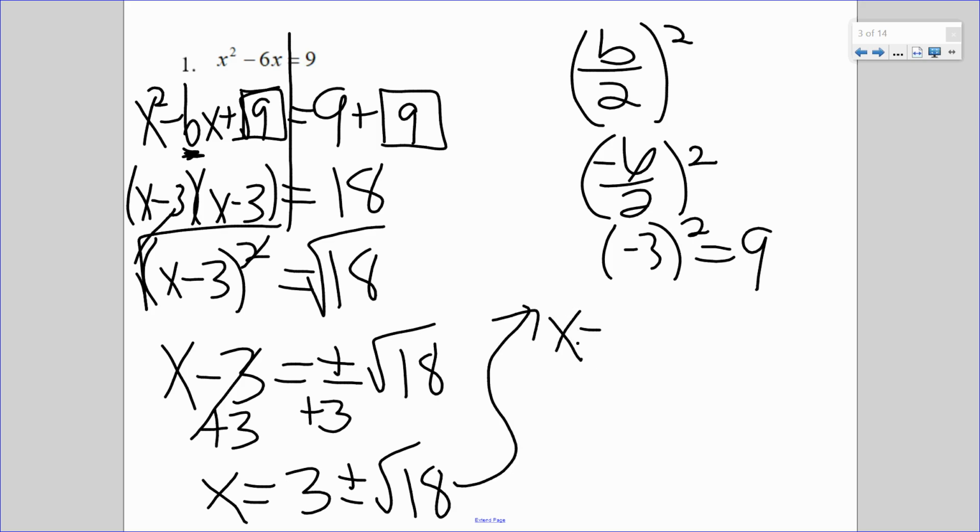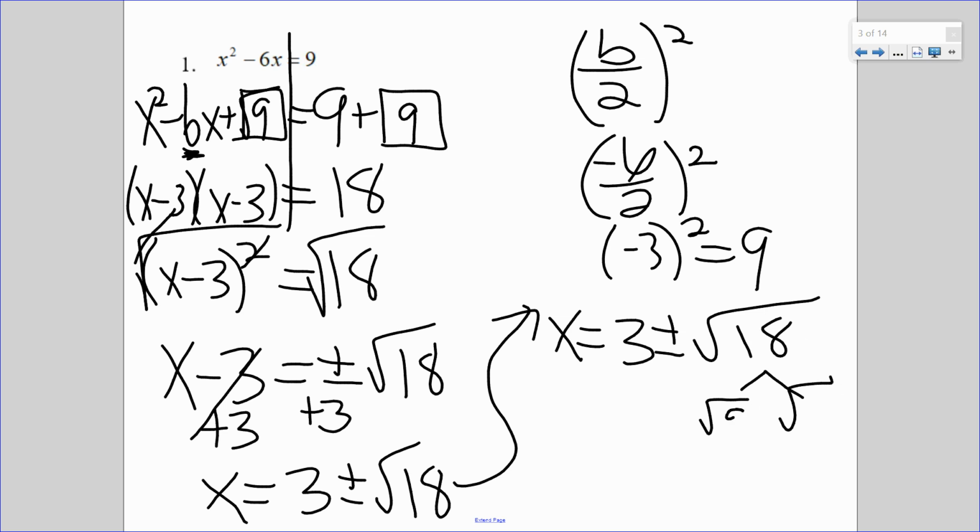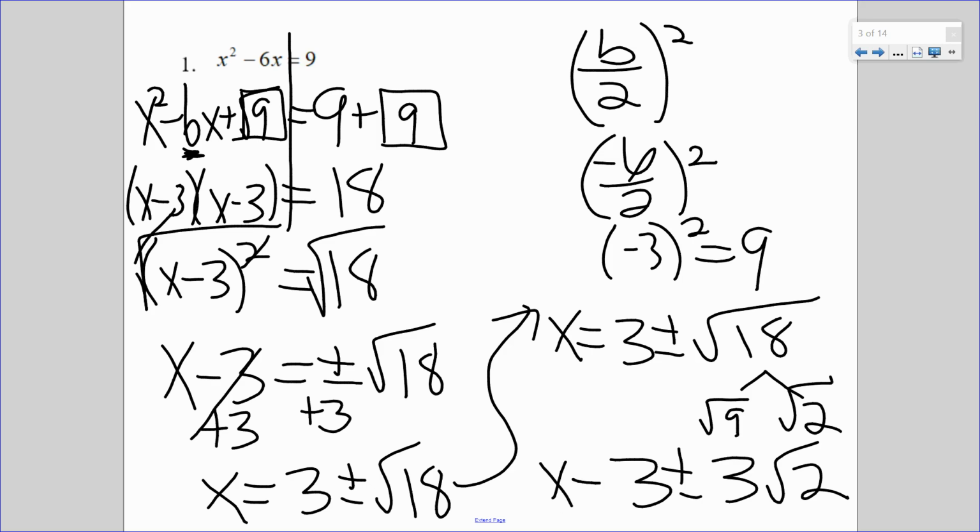Now your final step, if possible, you want to try and reduce the radical. Again, this is the first lesson of this unit. It becomes 3 rad 2. So your answers are x equals 3 plus or minus 3 rad 2.